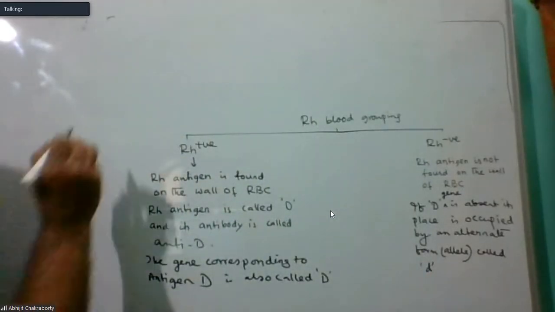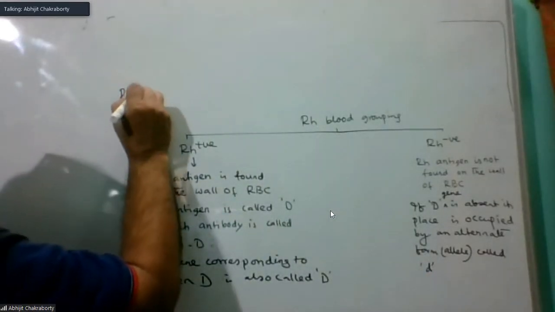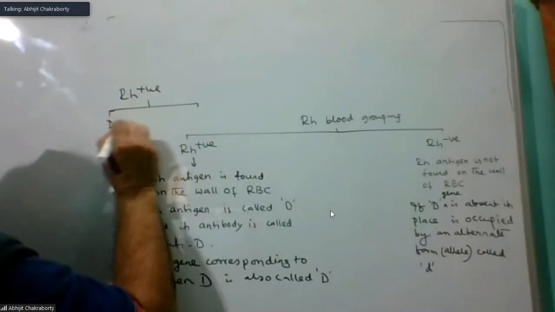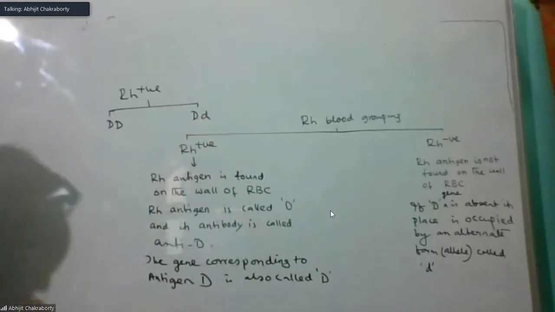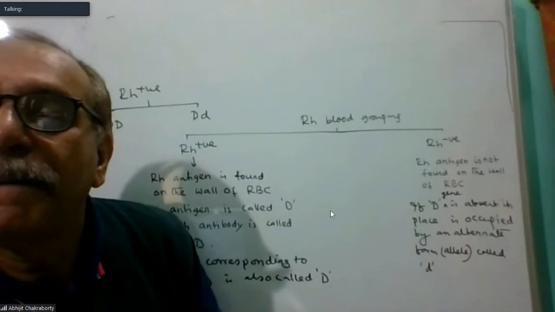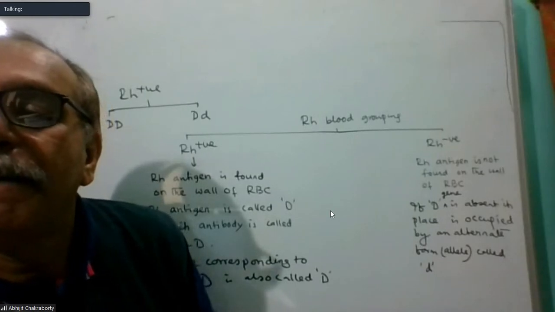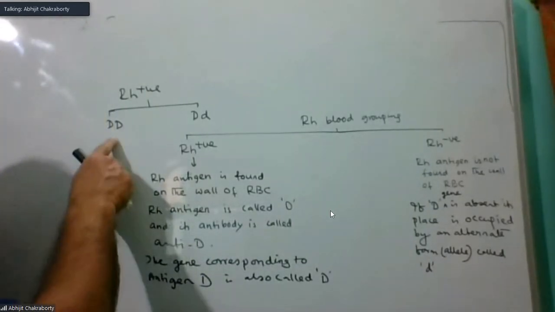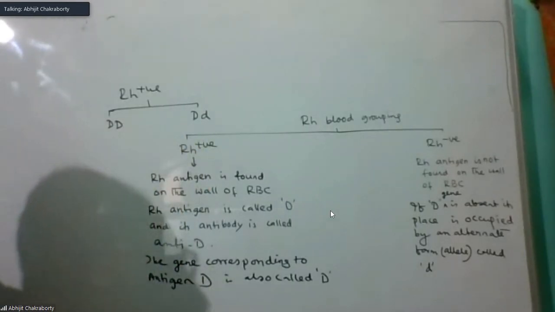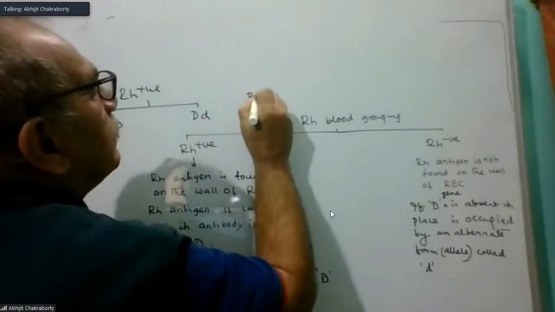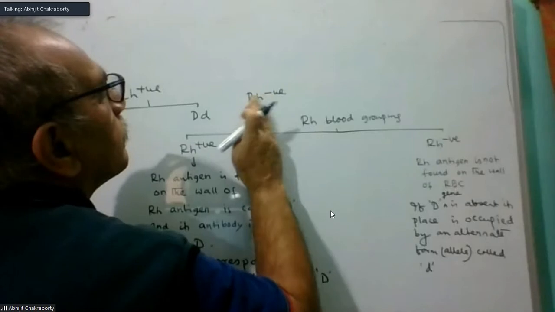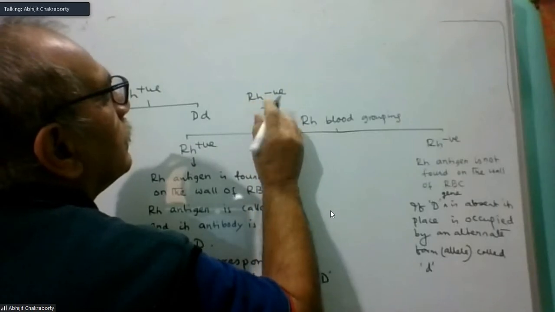That means an Rh positive individual may be found in this form or in this form. Both are under the allele, either capital D capital D or capital D small d type. When the allele form is Rh negative, it is small d small d.